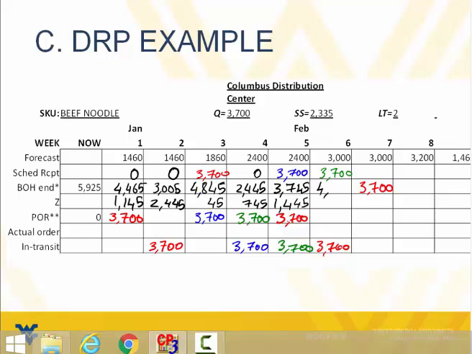That's why it's useful to have computers do this for you. And you can very simply set this up in a computer. And then my Z value works out to be 1,945, which means I have to release another order, which I receive in period 8.